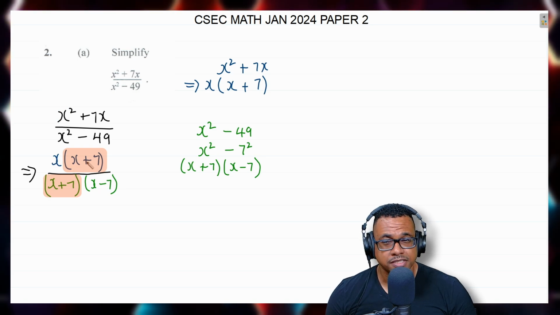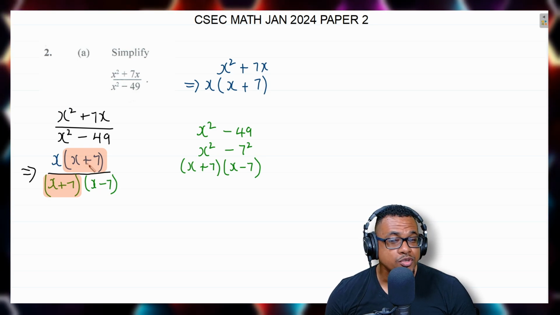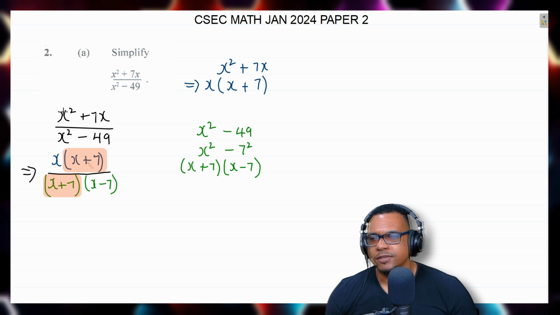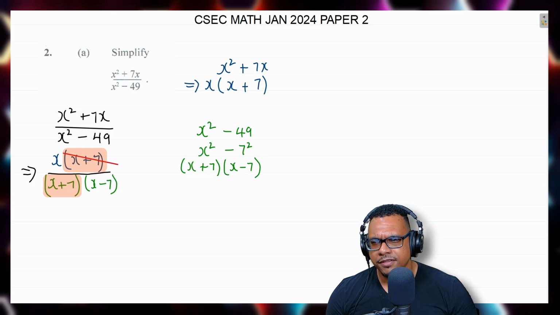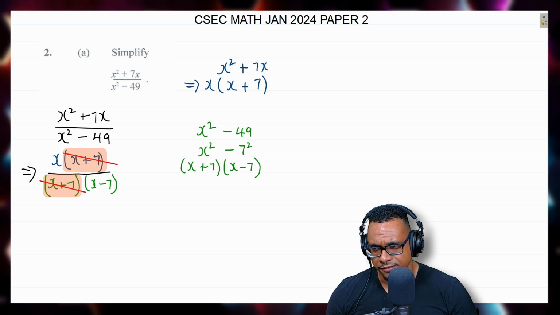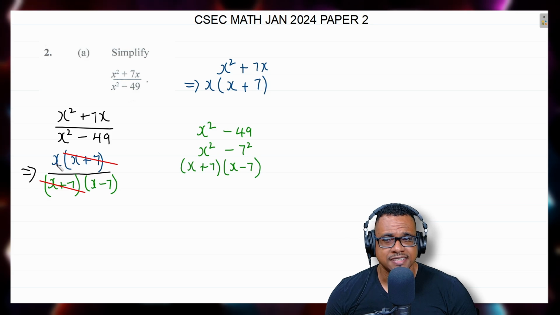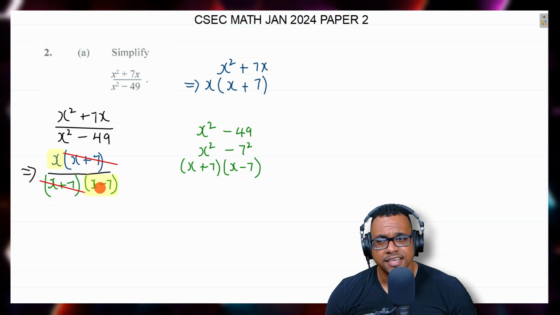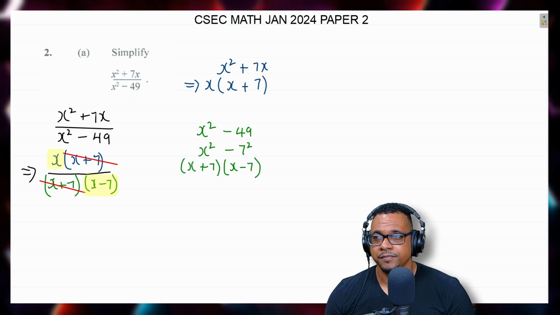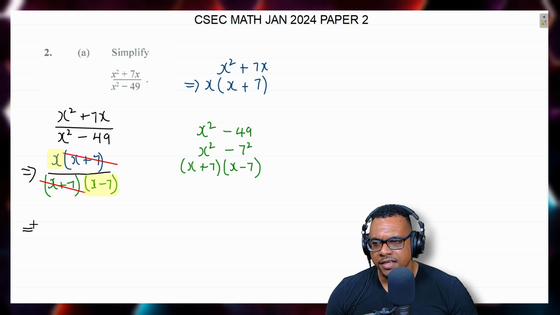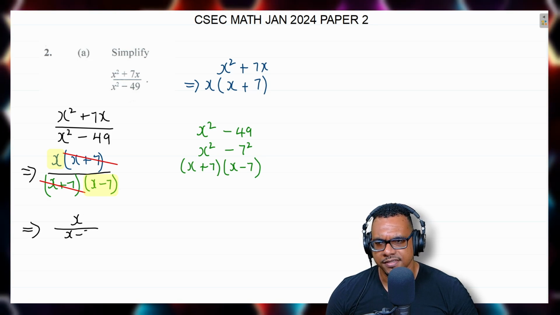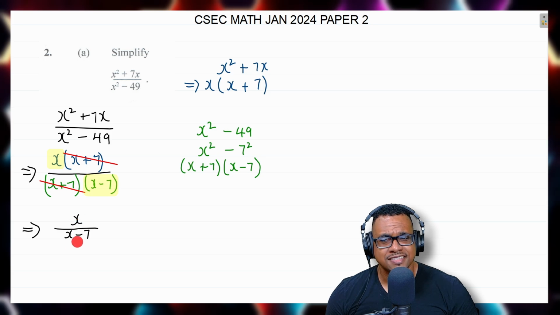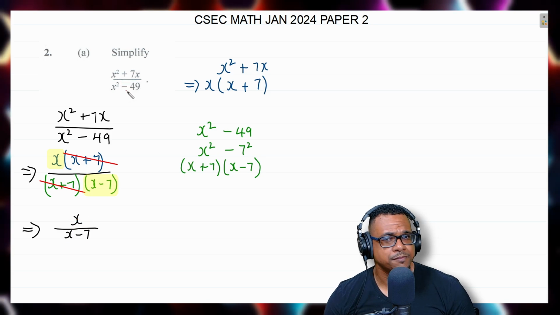But if I have something multiplied by something, I can use that to cancel. So essentially, this x plus 7 will cancel this x plus 7. So what you remain with is x in the numerator and x take away 7 in the denominator. So this would imply x over x take away 7. And this will be your answer to simplifying this expression.